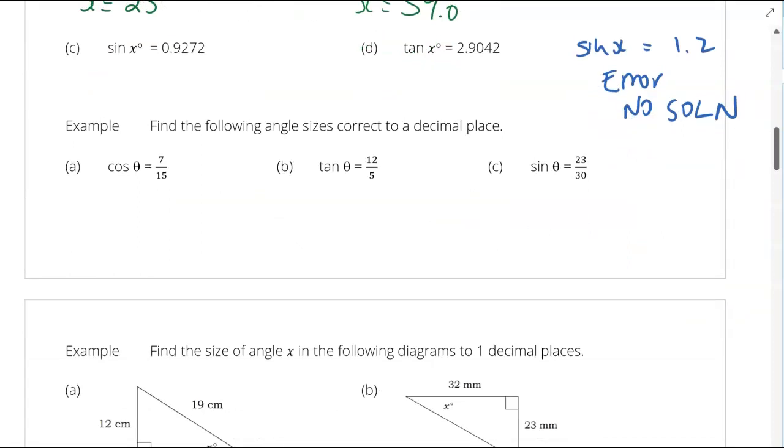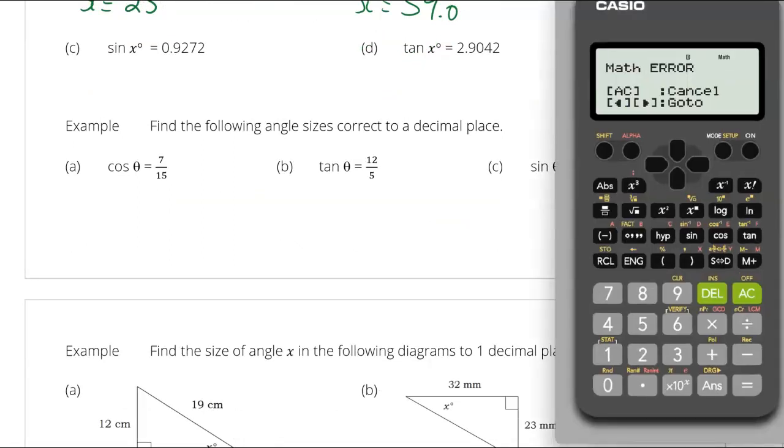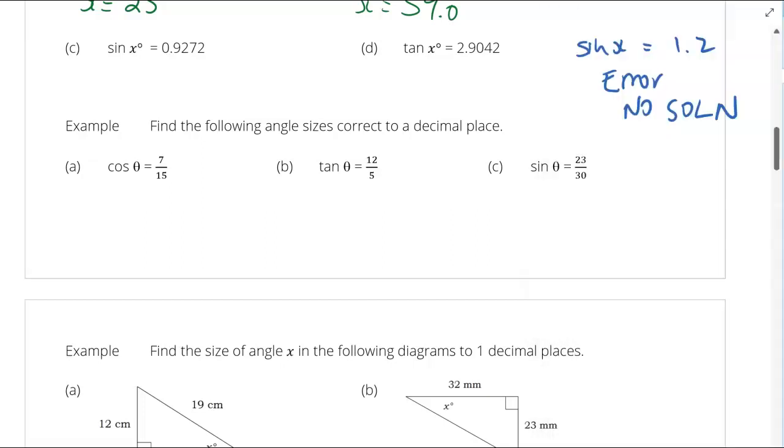Let's keep going. So this next one, again, you can appreciate where we're coming from now. Here's your fraction. You could treat the 7 and the 15 like adjacent and hypotenuse. How do we solve for the angle? So we write it like this. This is how I usually do it. So cos of theta is 7/15. So theta is the inverse cos of 7/15.